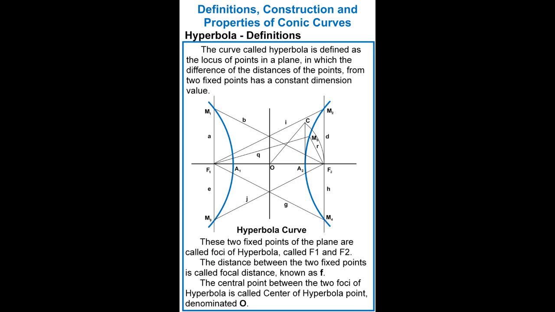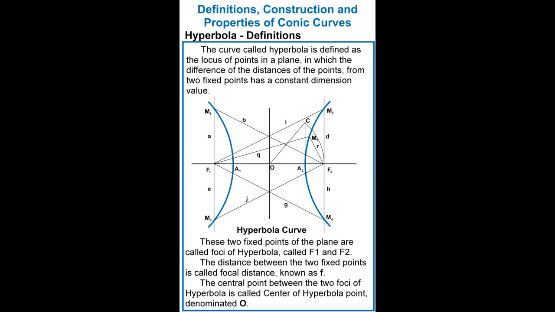In this second slide of this second class of Chapter 7, the characteristics of the hyperbolic curves are presented. The curve called the hyperbola is defined as the locus of points in a plane, in which the difference of the distance of points of the curve from two fixed points has a constant value.